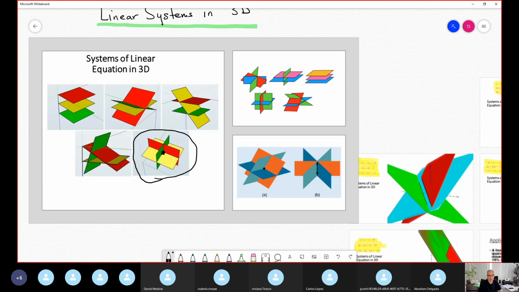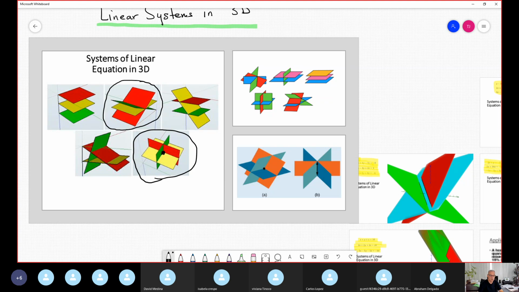But that does not always happen. Suppose this example. In this example, do we have a solution? Yes or no? What do you think? No solution, or infinitely many solutions?